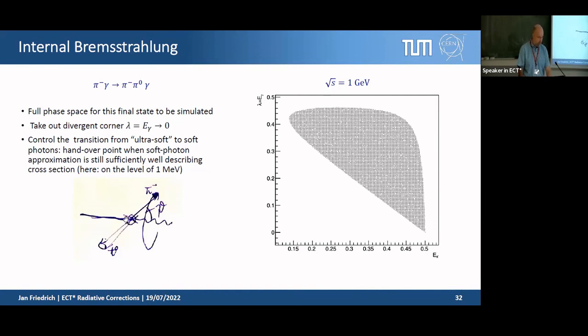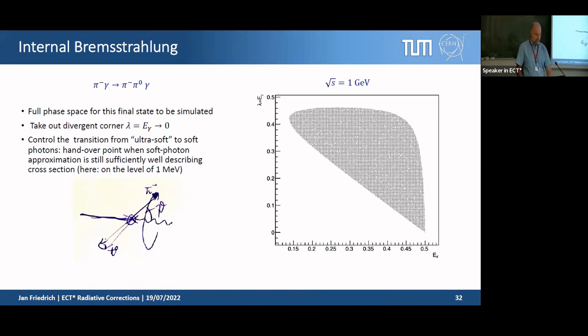And then you take into account a small sphere of photons which go somewhere. And so the kinematics are calculated for a fixed scattering angle of the pi minus. And then its energy is a bit distorted by allowing for some real soft photons and the angles for the outgoing pi minus accordingly to get a valid kinematics.